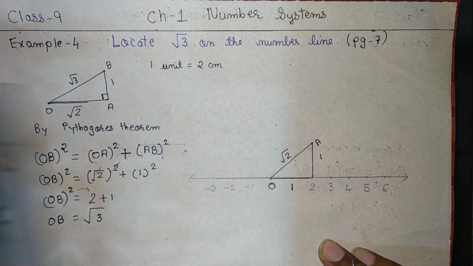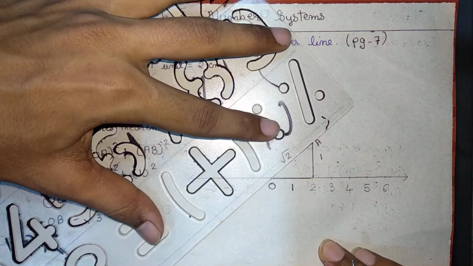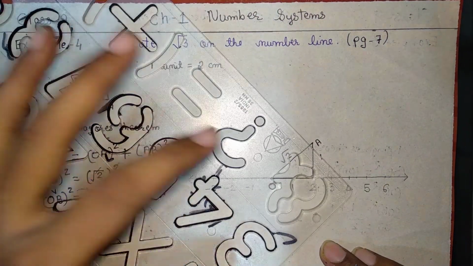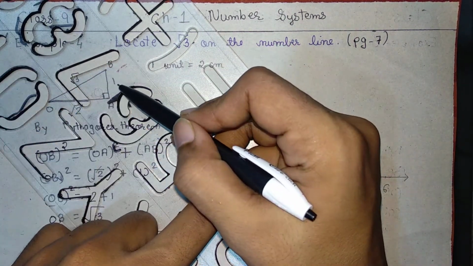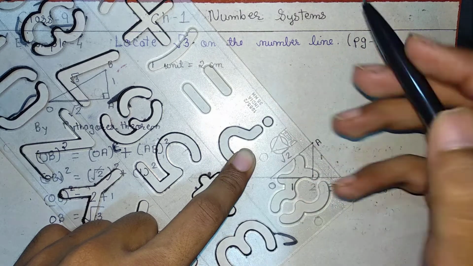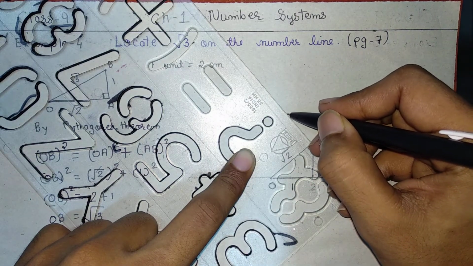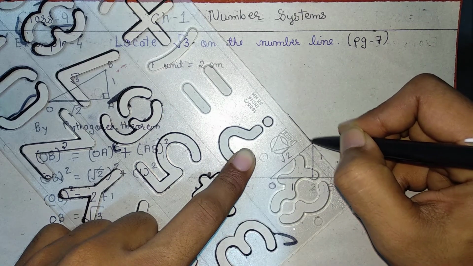So this is OA. Perpendicular to that we have to take one unit, and one unit is equal to 2 centimeters.